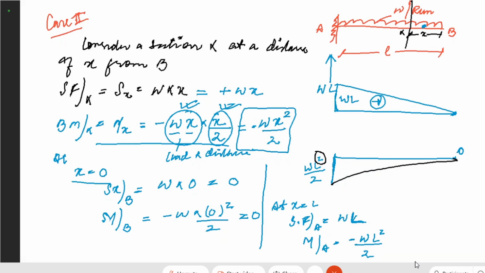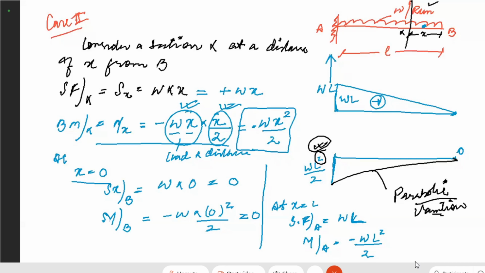It is varying in a parabolic fashion. Parabolic variation. And now giving different values to X will give you different values of bending moment at various different points. Okay.